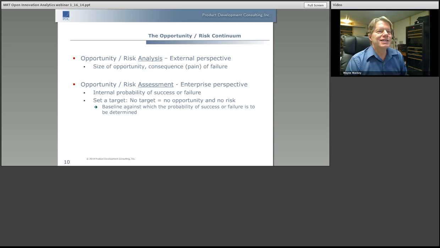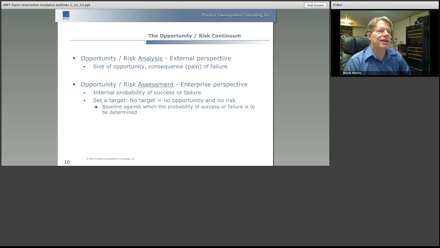Second, the assessment of that. This is the enterprise perspective. We're adding in the concept of what's our internal probability of success. What's our chance of succeeding at doing this, or at least mitigating this risk or achieving the opportunity? At this point, we're also setting a target.